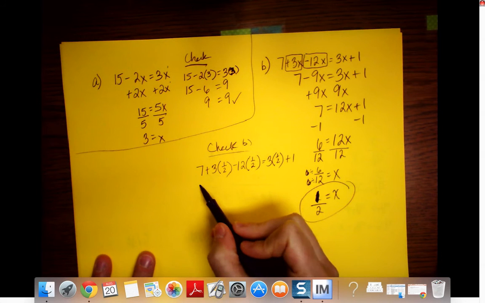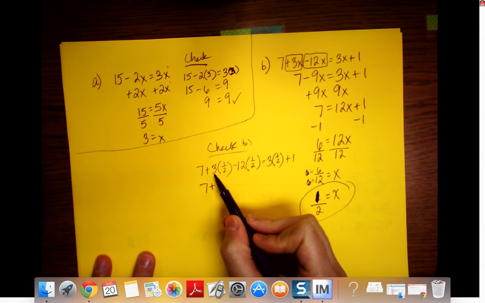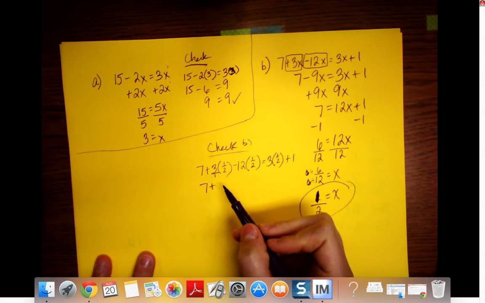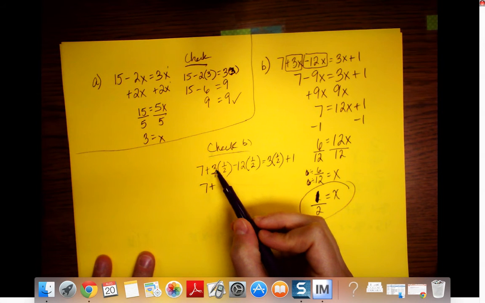So positive 3 times positive 1/2. I've said this in a previous video. Anytime you have an integer or a whole number like 3, you can make it into a fraction by putting it over 1, because 3 divided by 1 is still 3. So putting it like this will not change the value of 3.